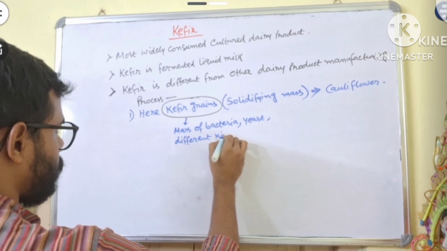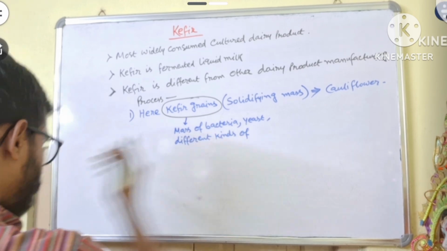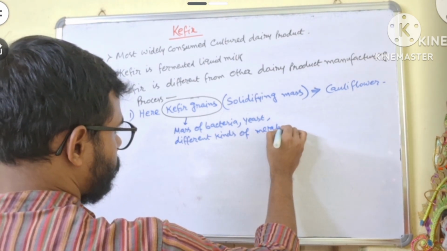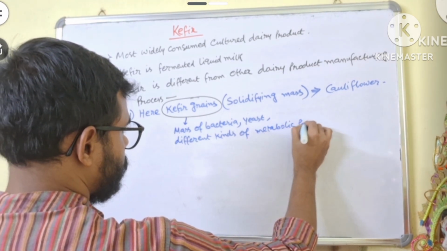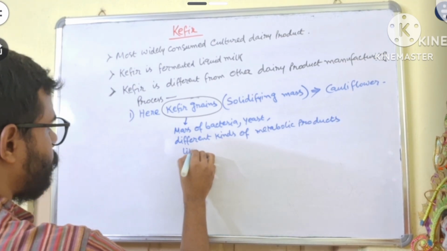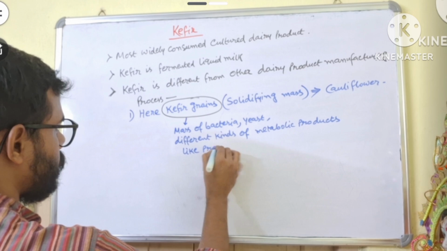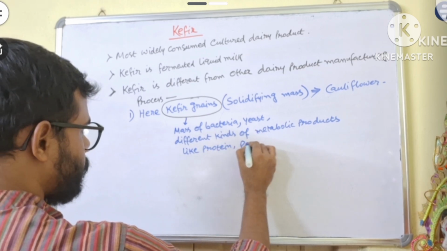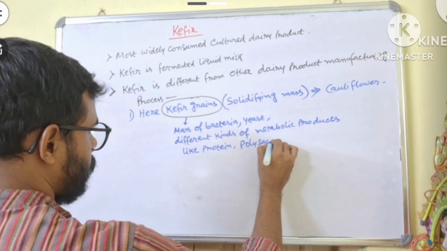Different kinds of metabolic products like proteins, polysaccharides, lipids, etc.